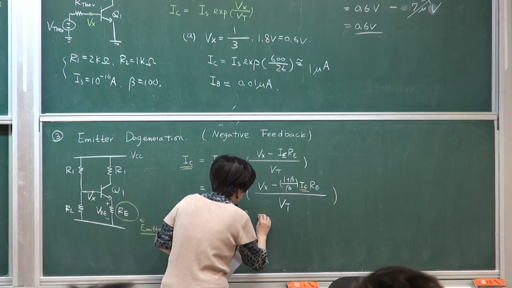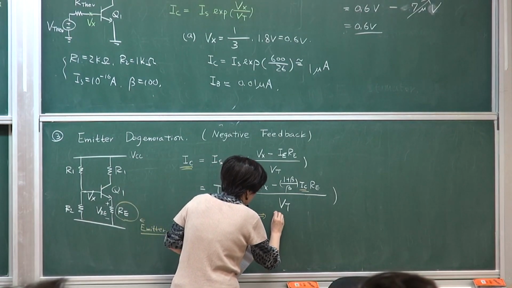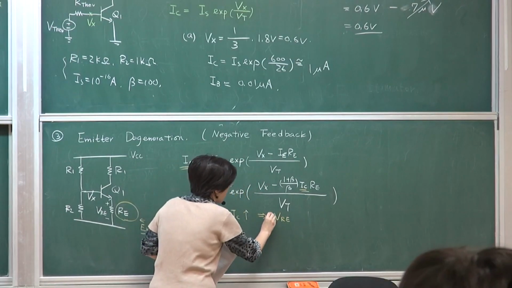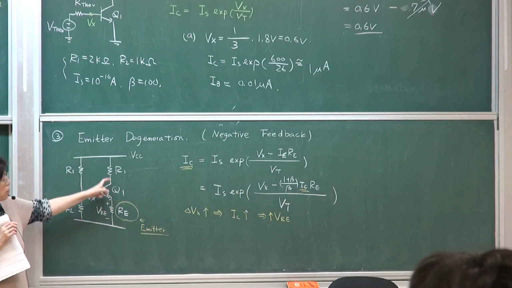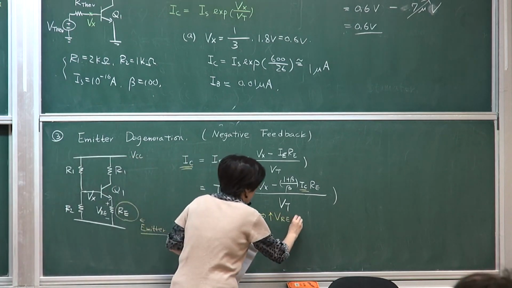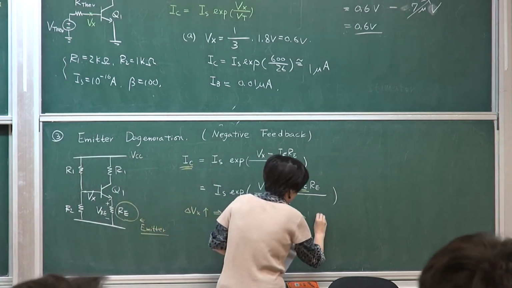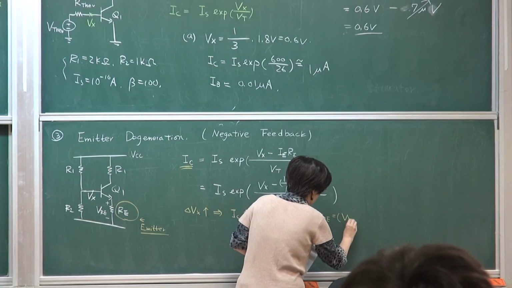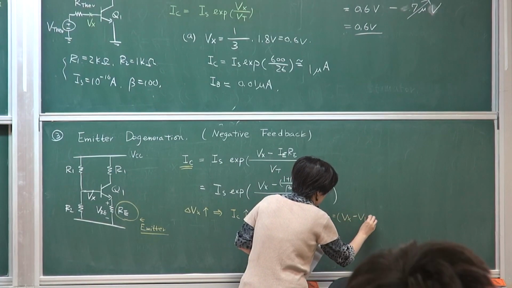Once the current increases, the voltage on the emitter will also rise because the current flows to here. So therefore, my VBE, remember what VBE is. VBE is Vx minus Vr.